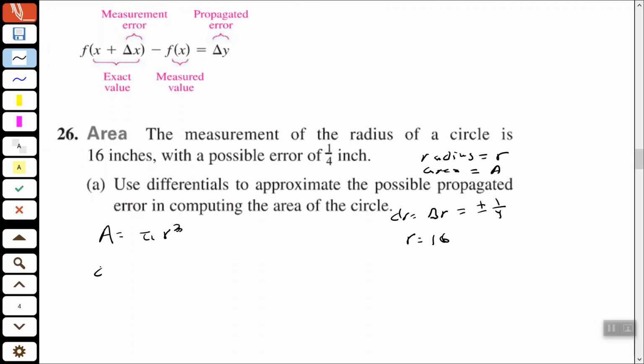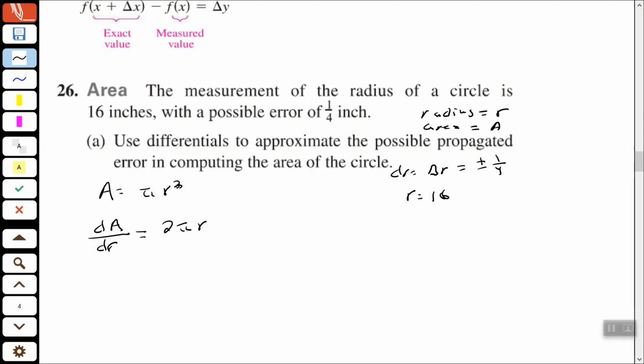So the differential of the area with respect to the radius is 2 times pi times the radius. That's just the first derivative.